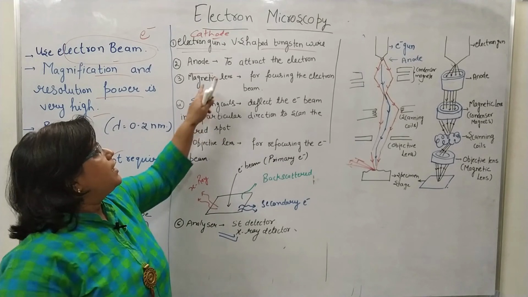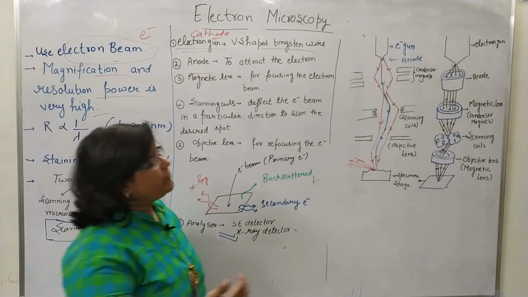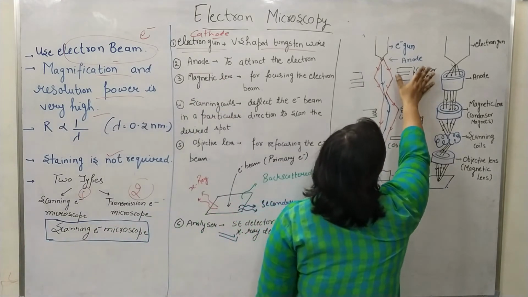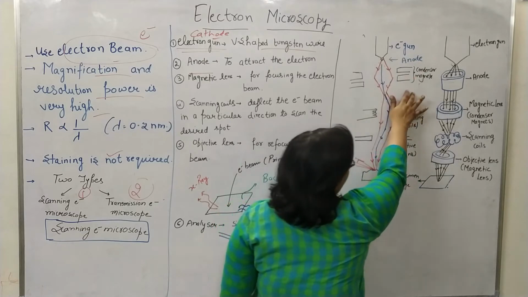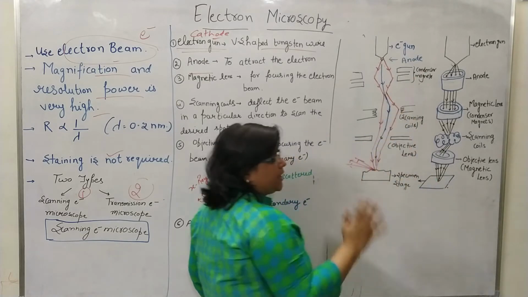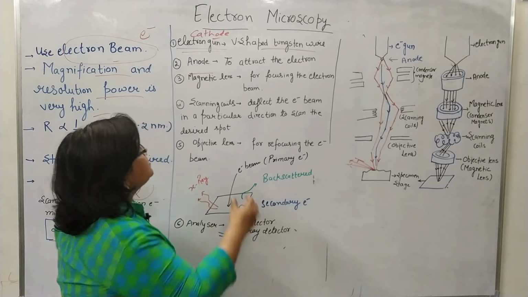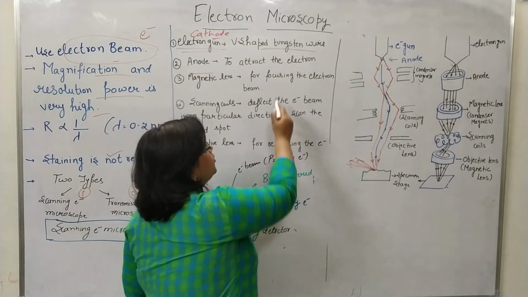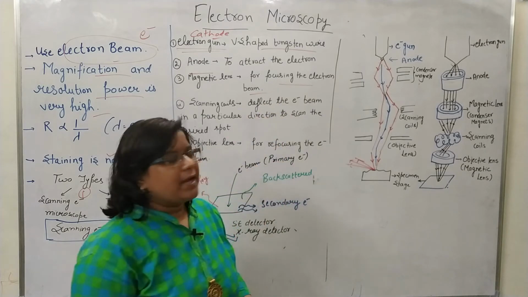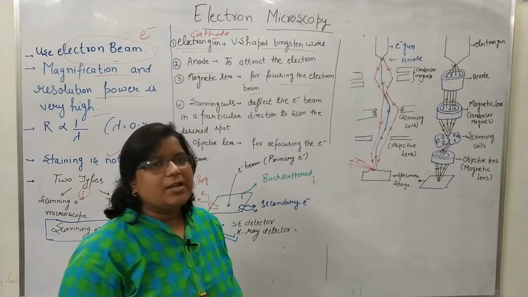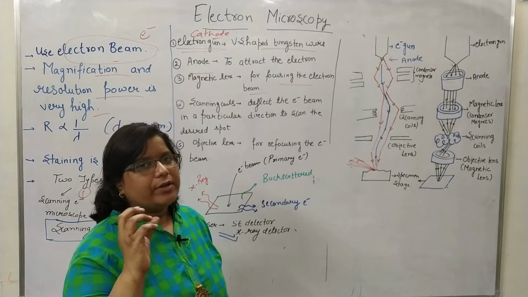After the anode we will attach the condenser magnet, or magnetic lenses, which basically focus this electron beam.